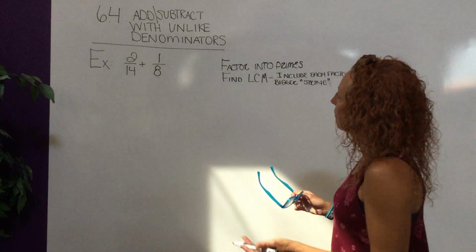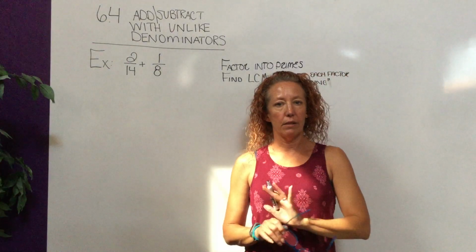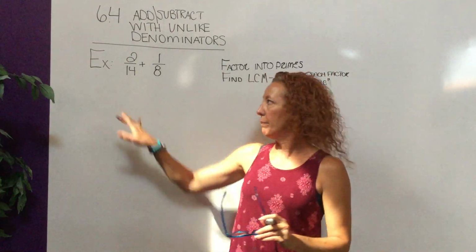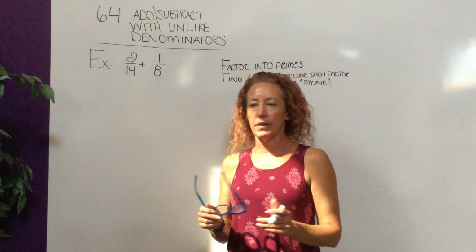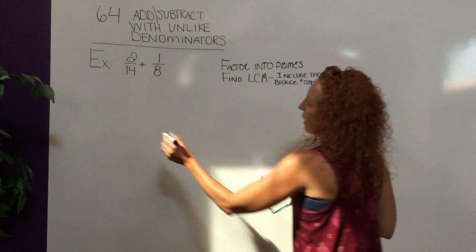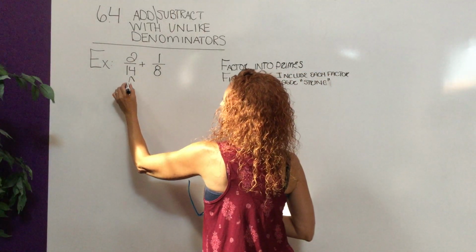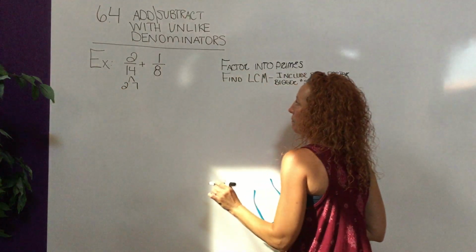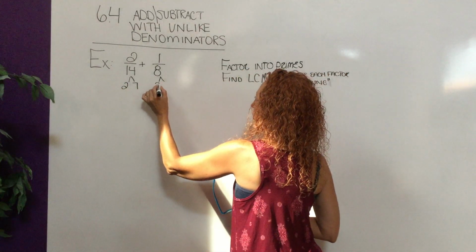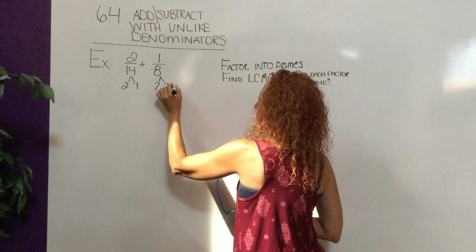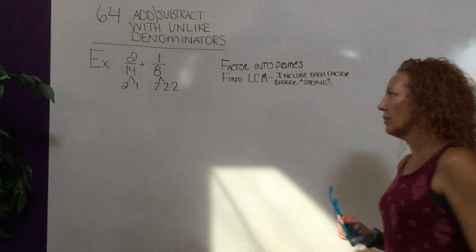Our first example has no variables at all. I tried to keep it kind of back to our K-12 experiences here. If we break down 14, we get 2 times 7. And if we break down 8, we get 2 times 2 times 2.